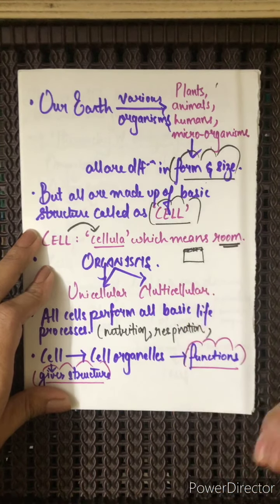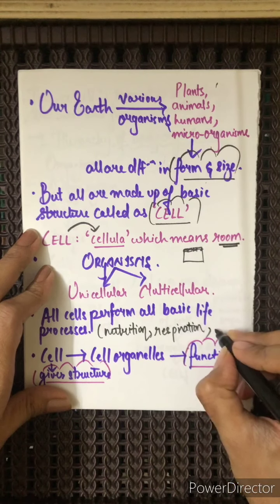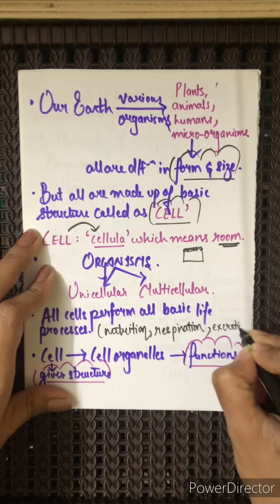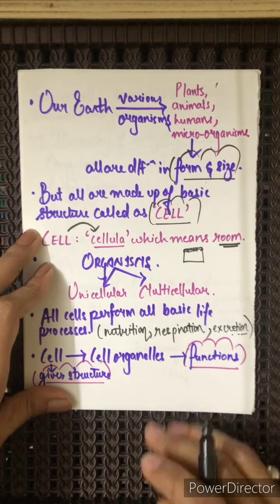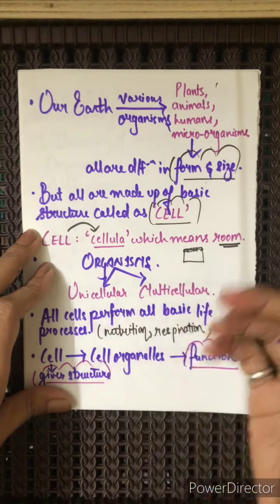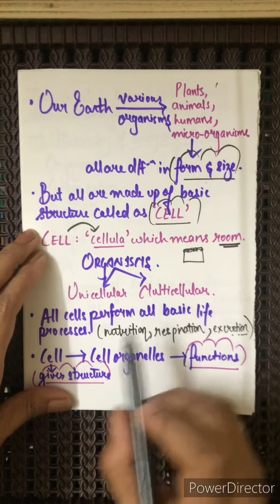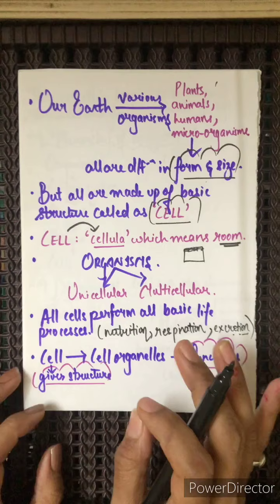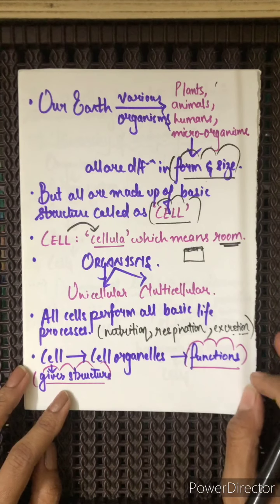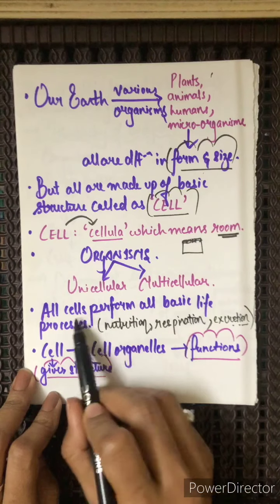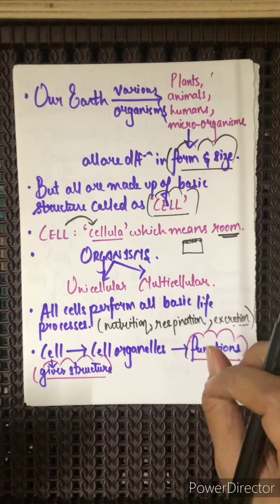They also remove the waste material out of their body, that is termed excretion, and so many others. So all the cells, whether in a unicellular organism or in a multicellular organism, perform all the basic life processes. Now how is a cell able to perform all the basic life processes?